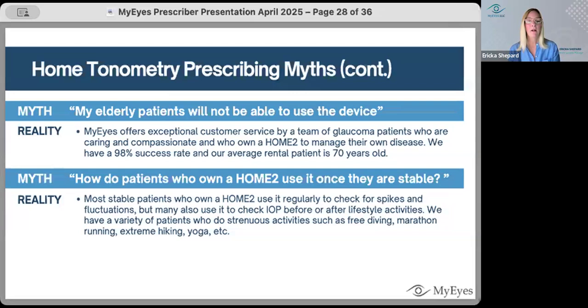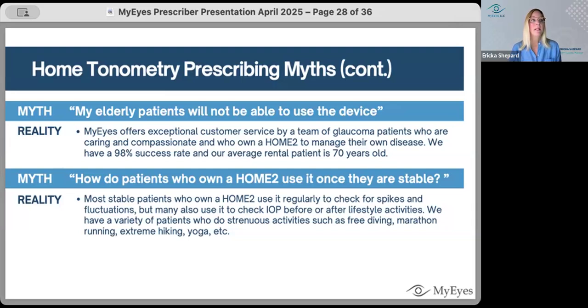And a lot of our elderly patients do have helpers, which is great, or an aide or somebody, or usually a grandchild that can help them with the app if they use the app. But the bottom line is again, 98% of these patients can use it. And our average patient age for a rental is 70 years old. It's a little bit less for a purchaser. But again, that's a myth, because they can use it.